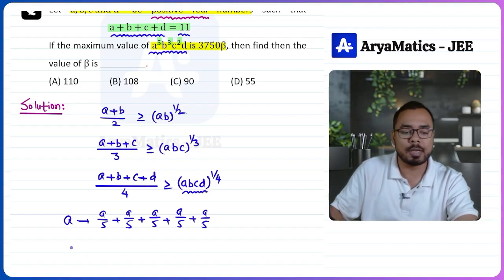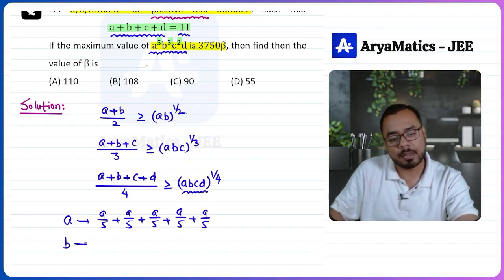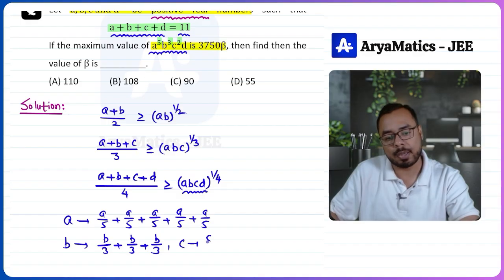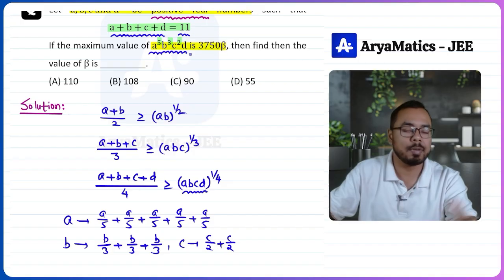Similarly, if I need B cube, then instead of B, we are going to write B by 3 plus another B by 3 plus another B by 3, right? Similarly, in place of C, we can write C by 2 plus another C by 2. And in place of D, we are going to write D because we need D raised to 1.